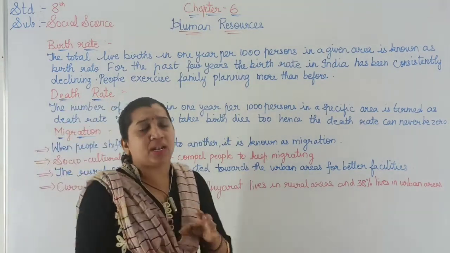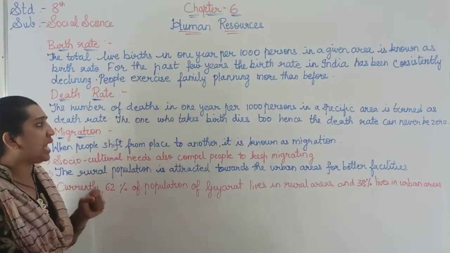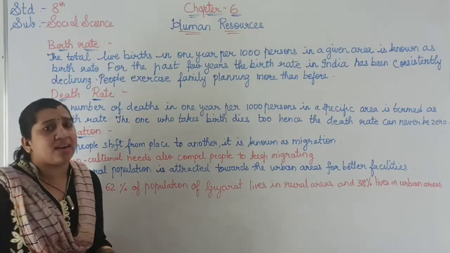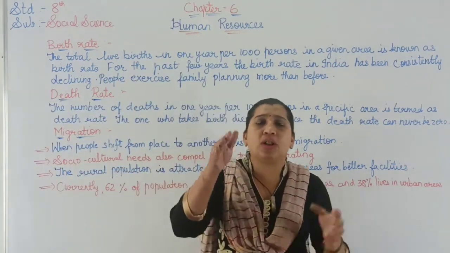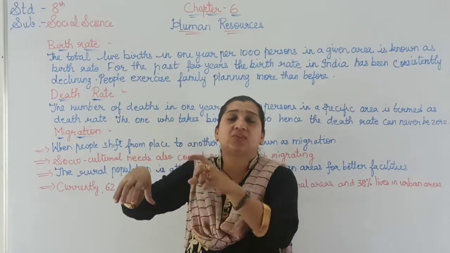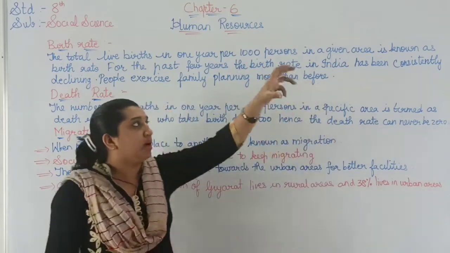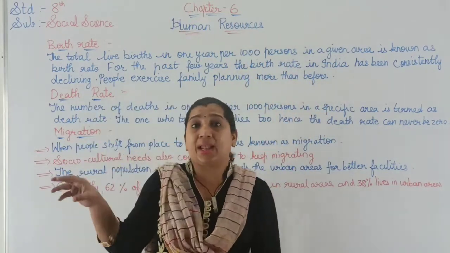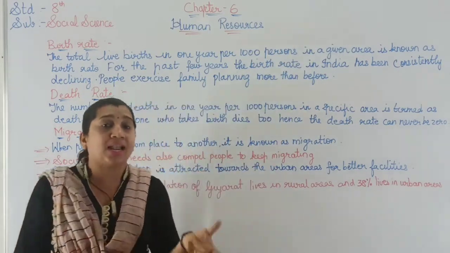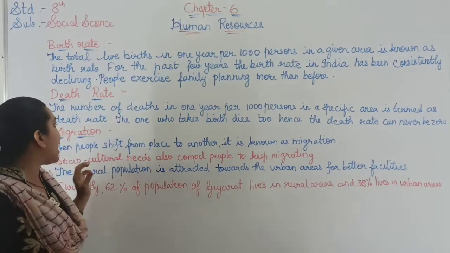The death rate is never going to be zero, because the one who has taken birth dies too. Hence the death rate can never be zero. So for a particular area where in a year 1,000 persons are born is known as the birth rate, while in a specific area where 1,000 persons die in a specific year is known as the death rate.